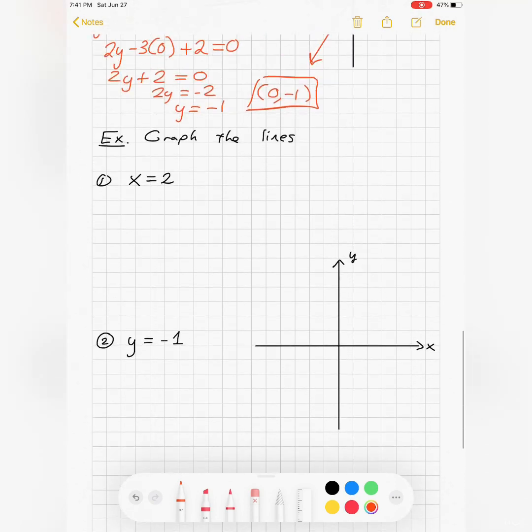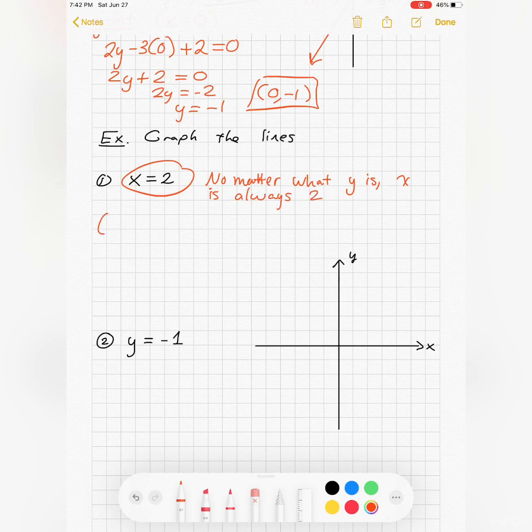Okay, so here I have a couple of special lines. So the thing is, this line here, it says x is always equal to 2. No matter what y is, x is equal to 2. So I can pick any y value as long as the x is equal to 2.